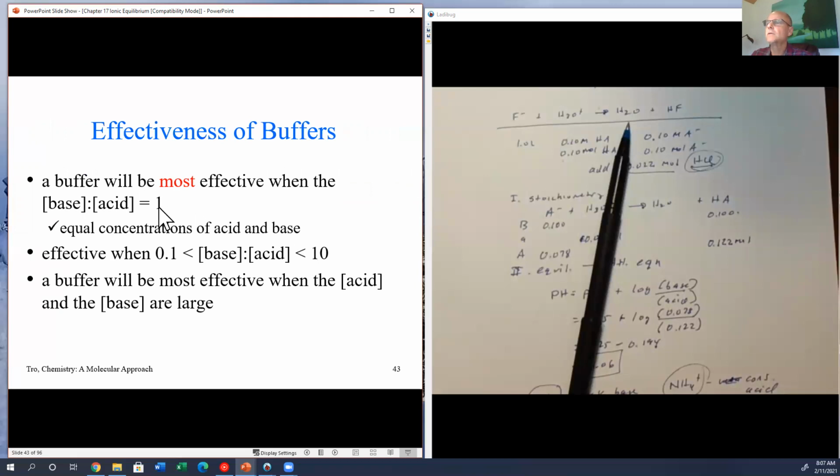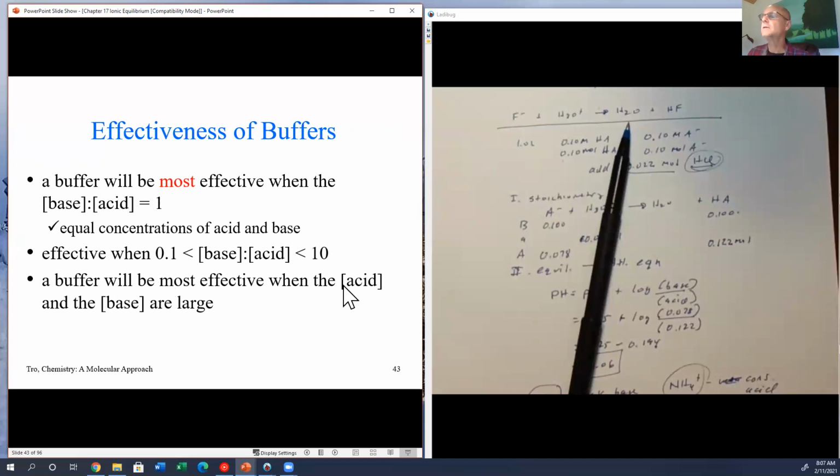In other words, we'll say the buffer is effective if this ratio is 0.1, which means there's a lot less of the base than the acid, or 10, in which case there's a lot more base than the acid. As long as that is in this range, then we basically still have a buffer. But if it's beyond that, then it will no longer be an effective buffer. And so that's the relative concentration.